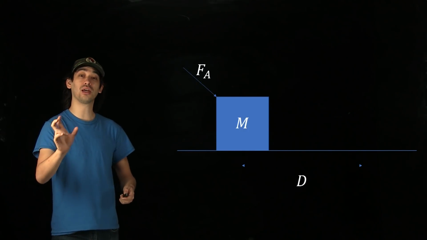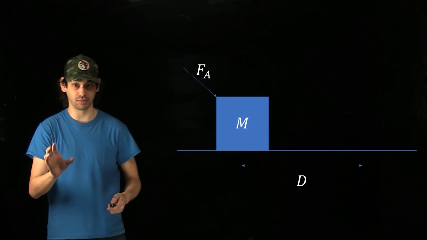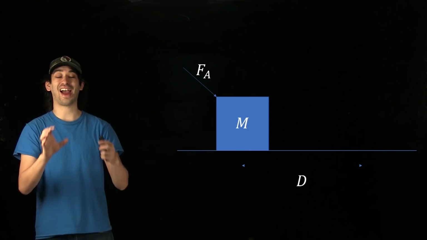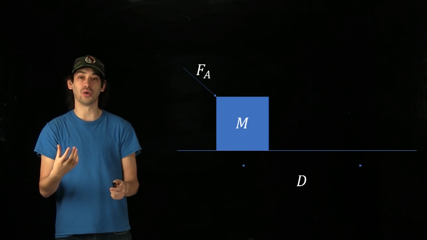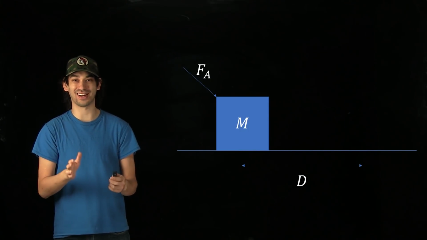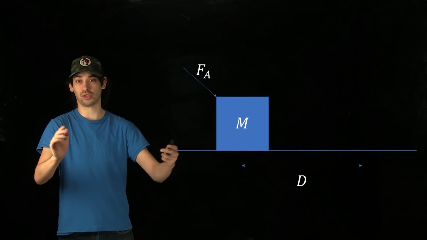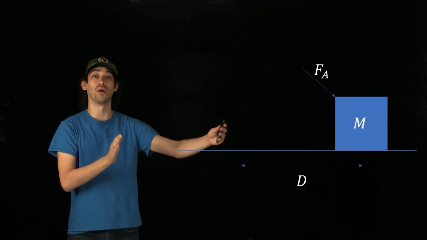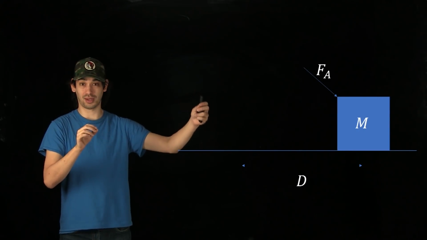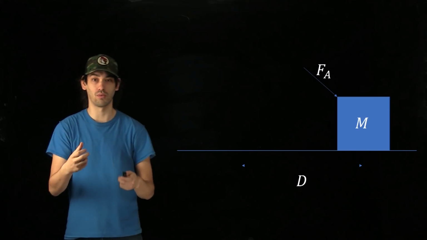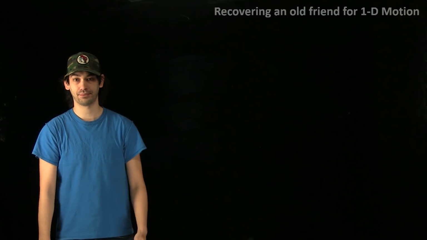And so what we're saying here when we're formulating this in terms of the work-energy theorem is that if we add all of the work acting on this object, that's going to be equal to the difference between the kinetic energy at the end of its motion, when it gets to the distance d, and when it starts. That difference is going to be equal to the total work acting on the object.